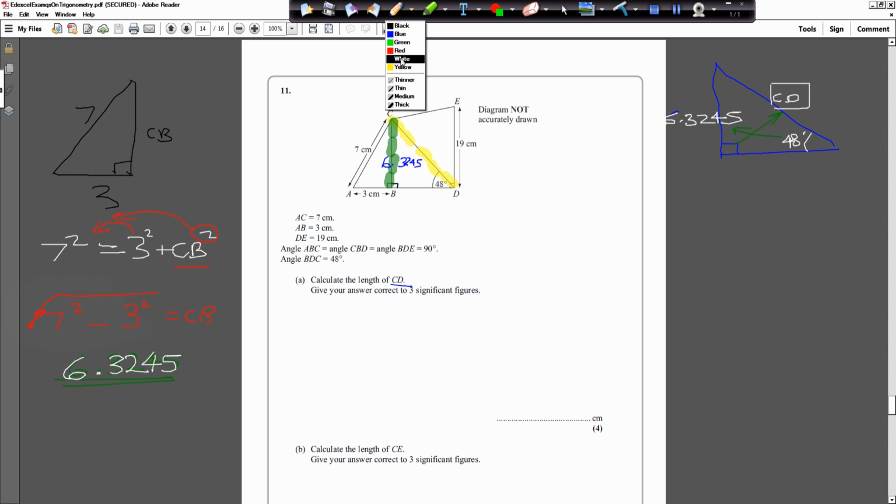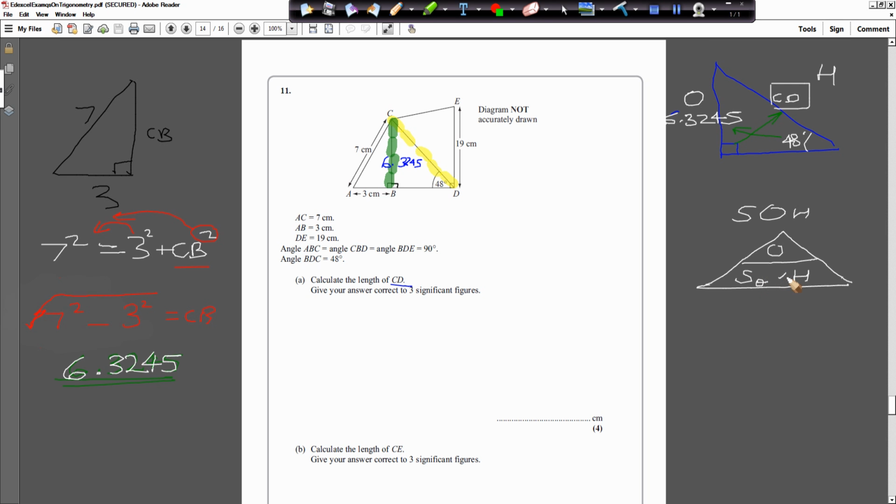Okay, right. Opposite the right angle is the hypotenuse. Now we want to work out the hypotenuse. So this question is between the O and the H, and that gives us what sound? Oh, for the moment, we should put the S in front of it, so that gives us SOH. Now, what do we know from this?